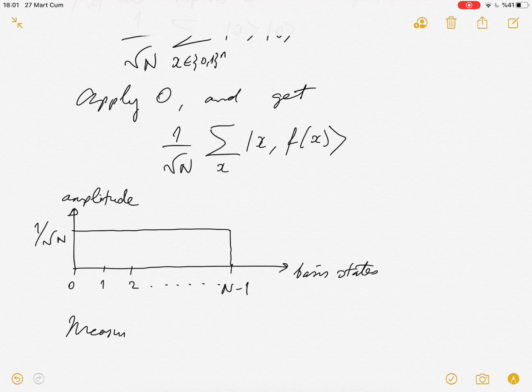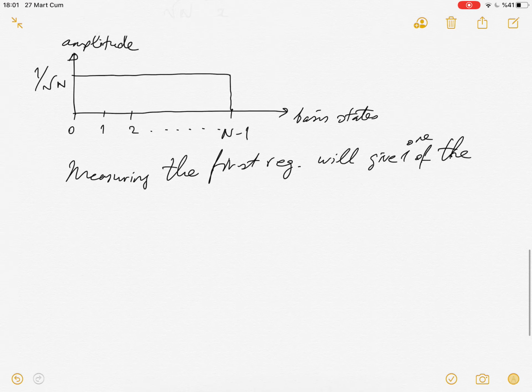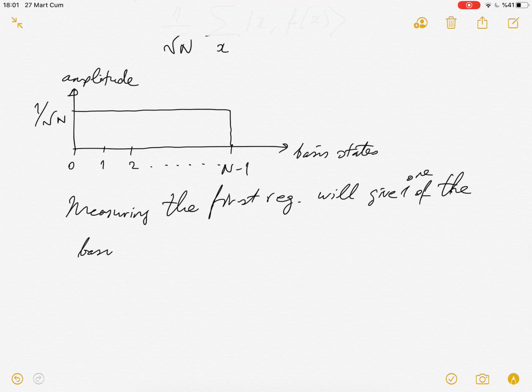So measuring the first register will give one of the n many basis states.